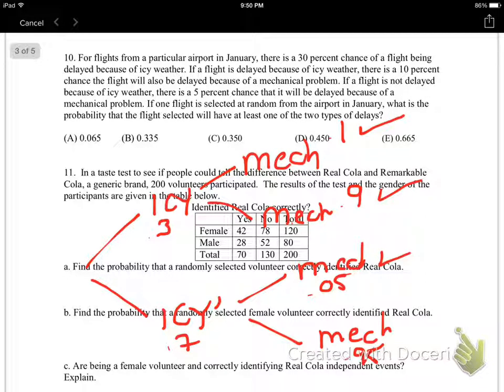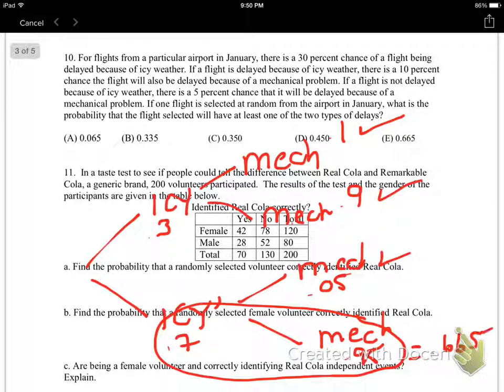That's one of the 2 delays. And here's no icy and no mechanical. So what I'm going to do is multiply those 2 together and subtract that from 1. So 0.7 times 0.95. I like this problem. So I get 0.665. So 1 minus that, and I get 0.335. The answer is B.